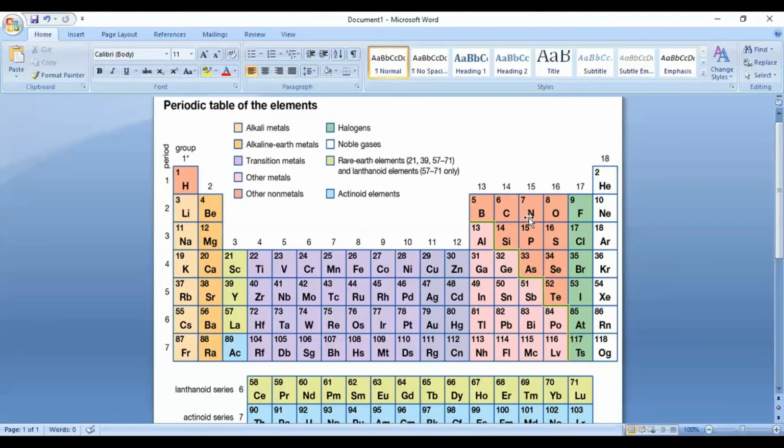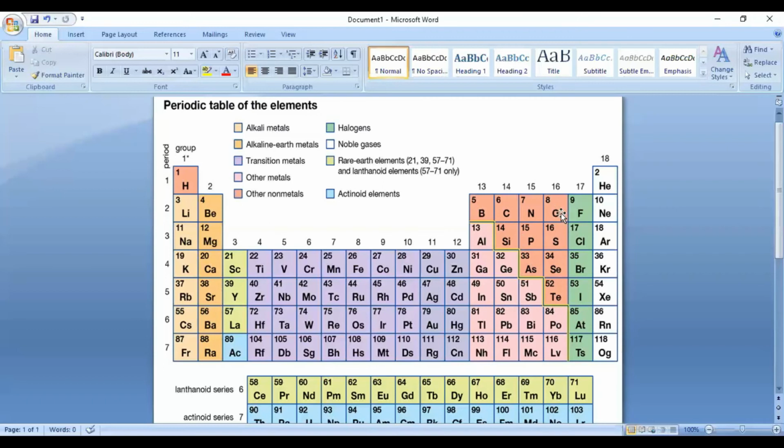The next group is called the nitrogen family, and this includes nitrogen, phosphorus, arsenic, antimony, and bismuth. From nitrogen to arsenic, we will see them as the non-metals, and the rest are the metals.